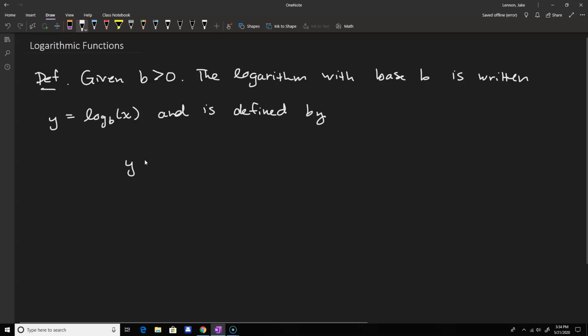So if you have y equals the log base b of x, the equation that also must be satisfied is b to the y is equal to x. So this is just a double arrow.